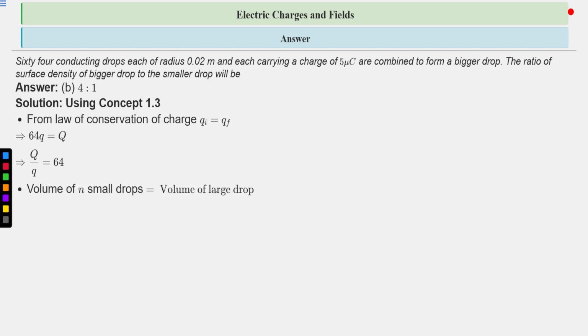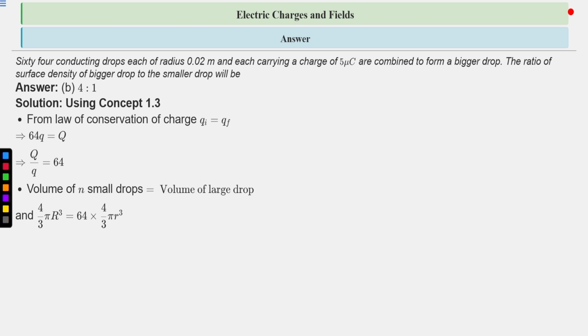Now volume also will remain constant, means conserved. The volume of the 64 small drops before the combination is equal to the volume of the large drop, because they are combining to form the bigger drop. So volume of n small drops, n here is 64, equals the volume of the large drop.